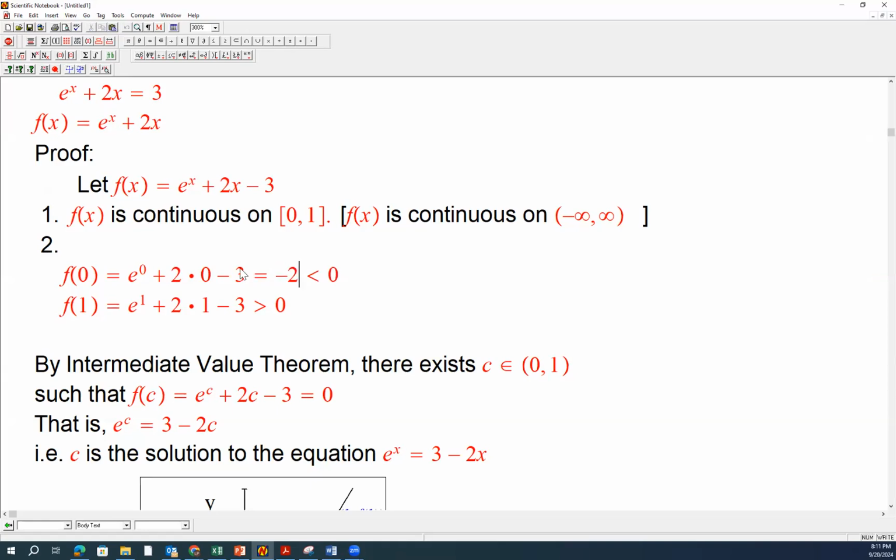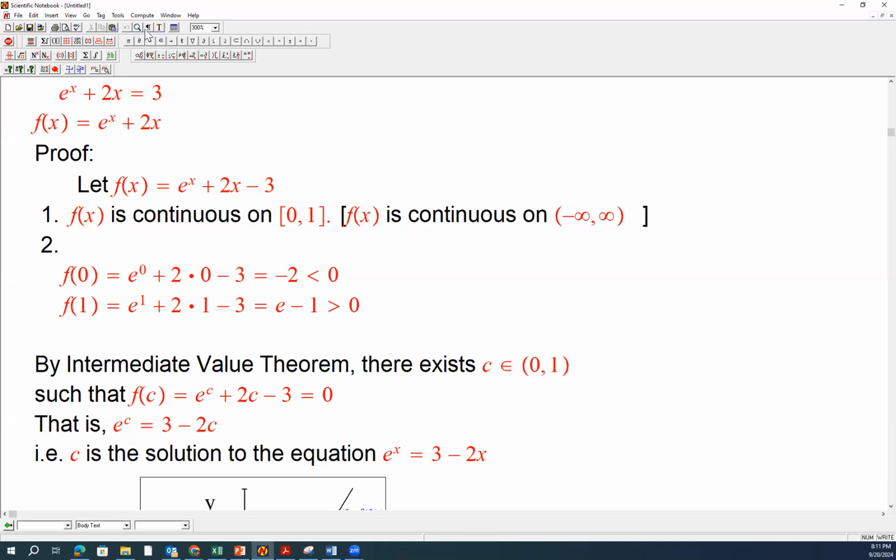Negative 2 is less than 0. And f of 1 is e to the power 1 plus 2 times 1, minus 3. I'm sorry, that's e minus 1. E minus 1 is positive. We have shown f of a and f of b are different.